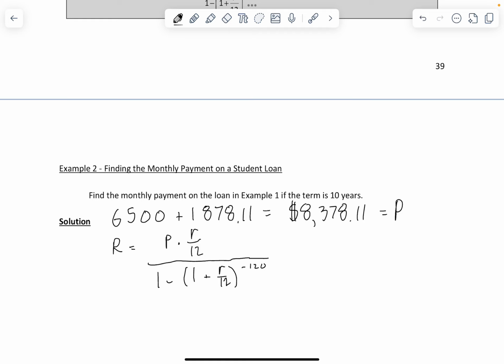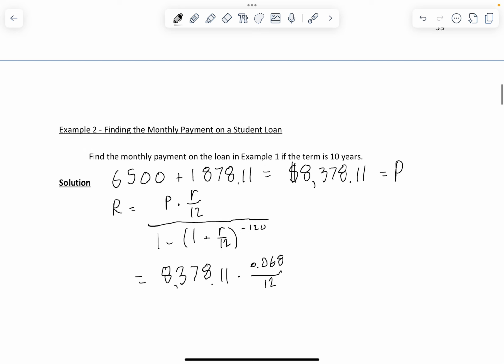If I plug in the actual numbers, my principal is $8,378.11. My interest rate as a decimal is 0.068 over 12. This whole thing is over 1 minus 1 plus 0.068 over 12, raised to the power of negative 120.